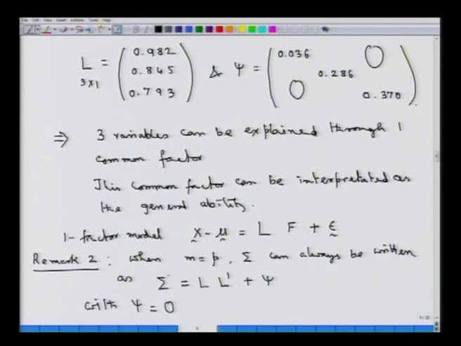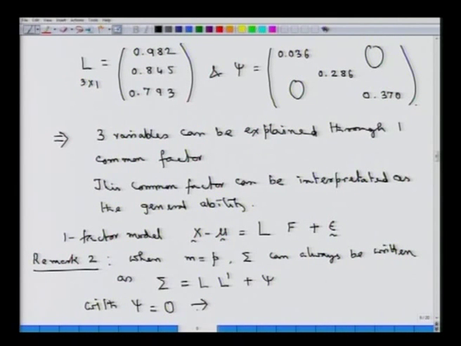Because sigma is a positive semi-definite matrix, at least we can assume that it is positive definite, so that there are no redundancies. So, this sigma matrix is equal to LL dash, that will always be possible with this psi matrix equal to a null matrix. But what we are doing here is expressing p variables x1, x2, ..., xp in terms of p common factors only. So, there is no reduction as such in this particular situation.